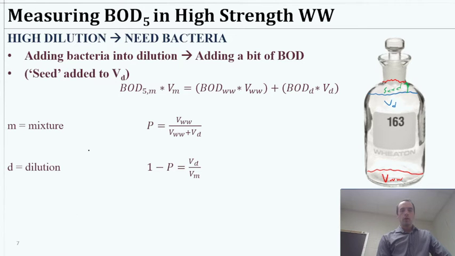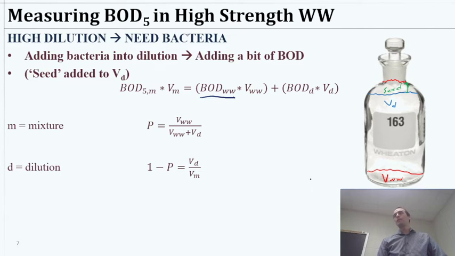Okay. So our equation then, when we have BOD in the actual dilution, if we want an equation for the BOD5 of the wastewater, we have to consider it in the context of the BOD that we're actually measuring. So this equation here is showing us, well, when we make an observation for this total volume, what we're looking at is essentially the BOD in the volume of the wastewater here.